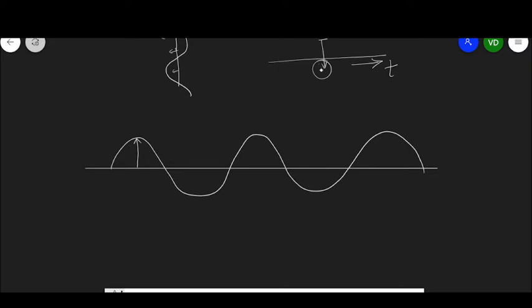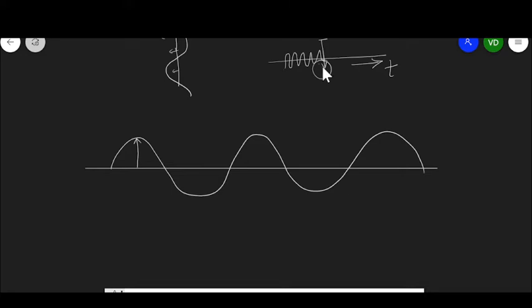How does the thread move? The thread will move like this, right? So this will be a kind of, not exactly, but a kind of wave motion structure. So that is the oscillation in time. Oscillation and wave motion, and of course circular motion, are connected with each other. We'll see in the next topic that circular motion is also connected with this.